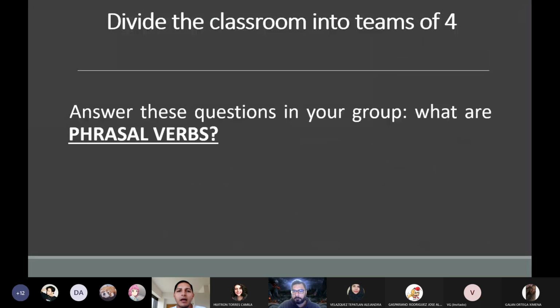Well, now I have a question for you. We're working with grammar, we're working with lexis at the same time. Can anybody help me with a definition of phrasal verbs? Maybe you can look it up online. What are phrasal verbs?